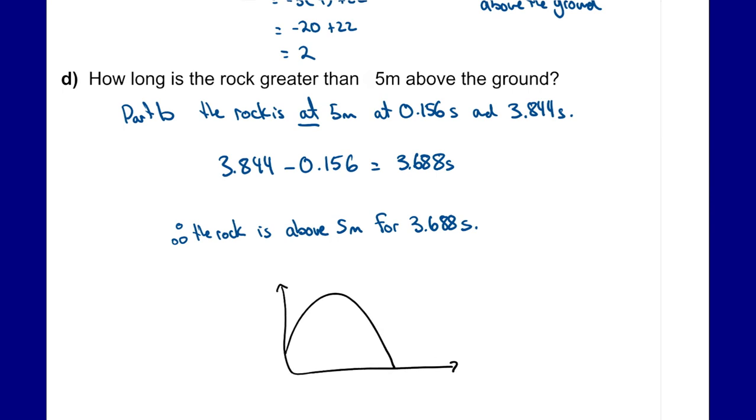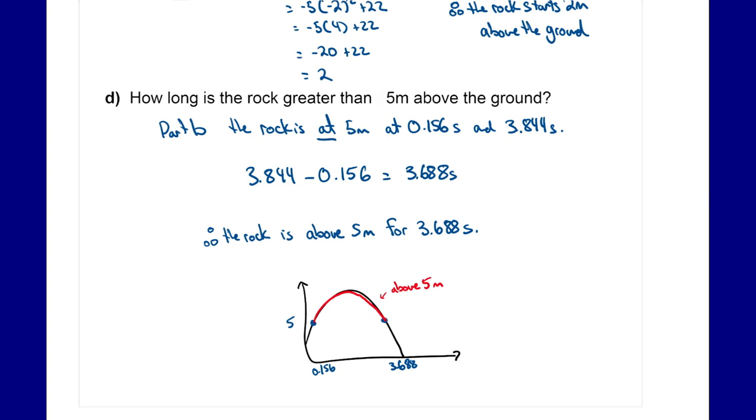If I know the 2 times when it's at 5, right, so 0.156 and 3.844, the difference, or that length of time from one to the other, is going to be the time that it's above that height. So that's how we can sometimes use our answers to determine how long something is above those heights.